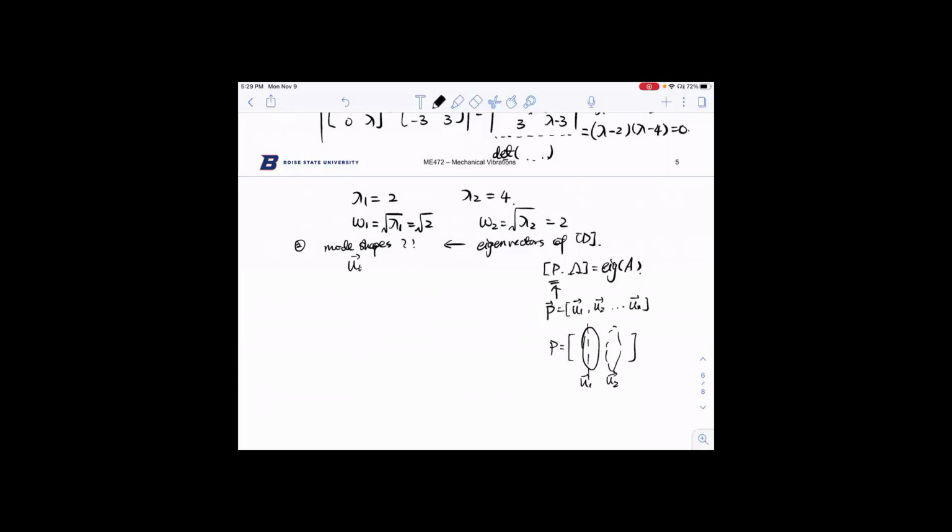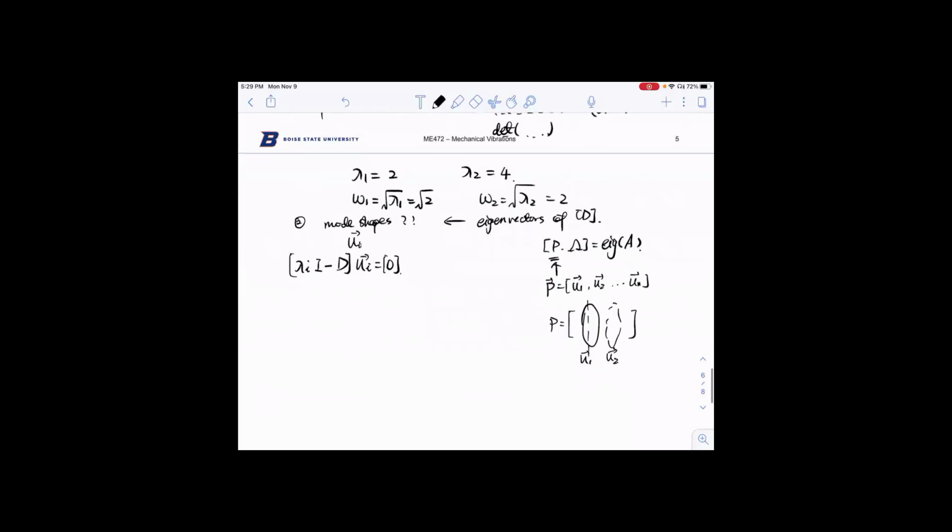If you want to solve all of these by hand, you just need to solve these equations n times. So for each lambda, you have to solve it once.